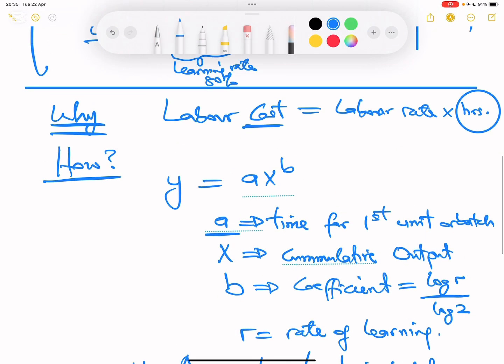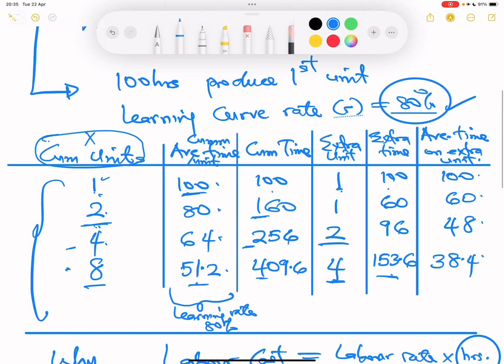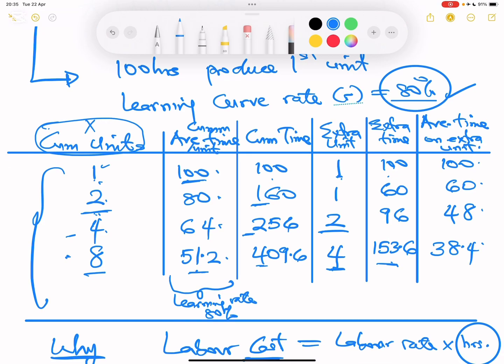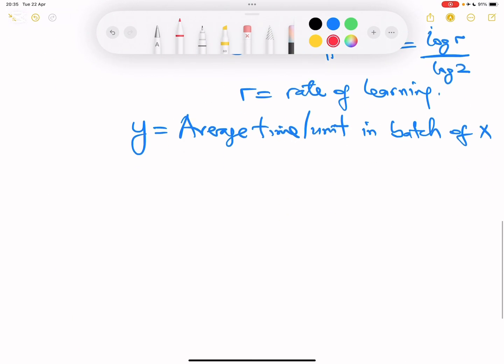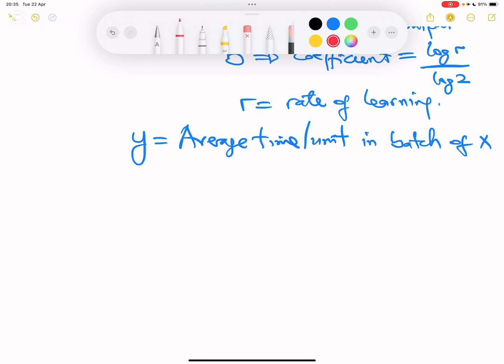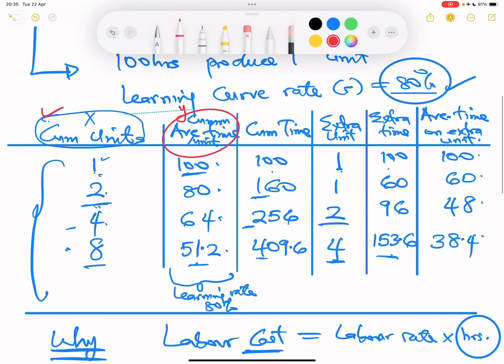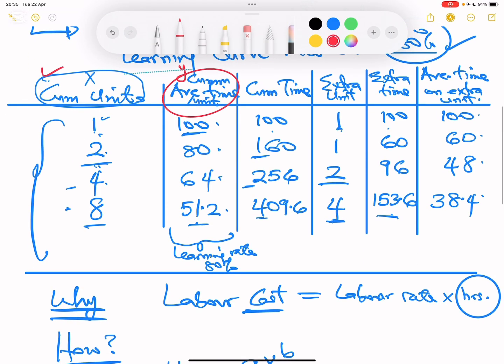If you look at this table I've given to you, this first column is our batch of x. This is the cumulative average time per unit. This is our y. So knowing this formula now, let's apply it to this table and see whether we get something similar.